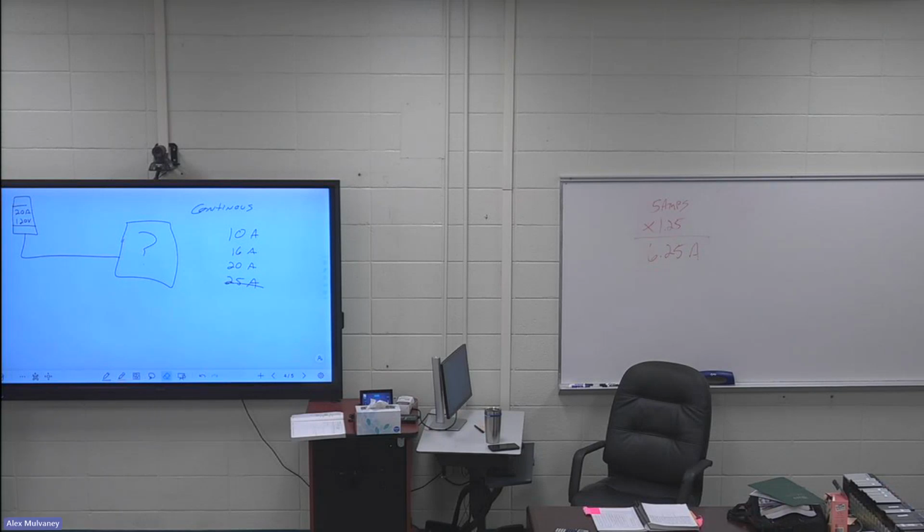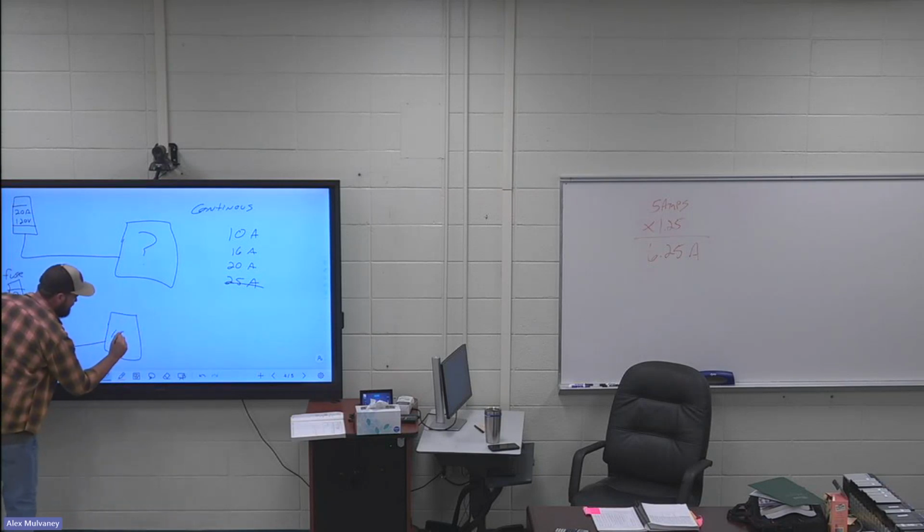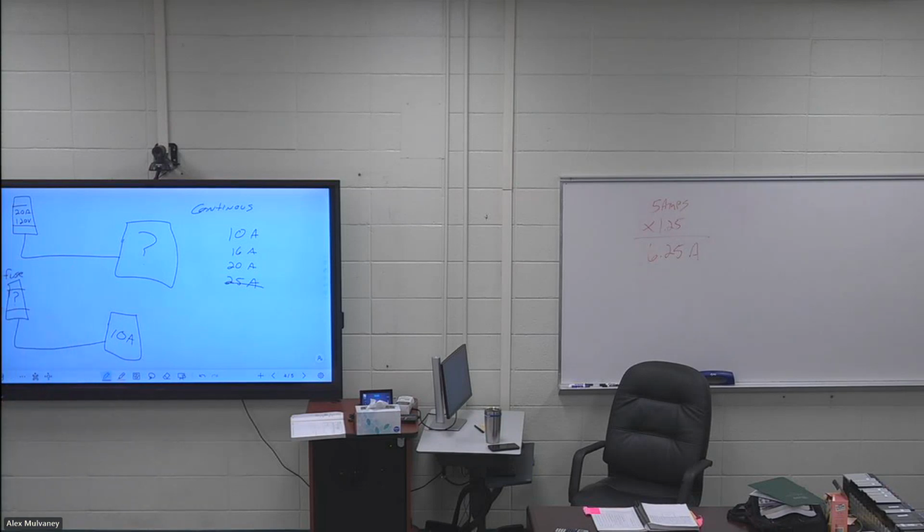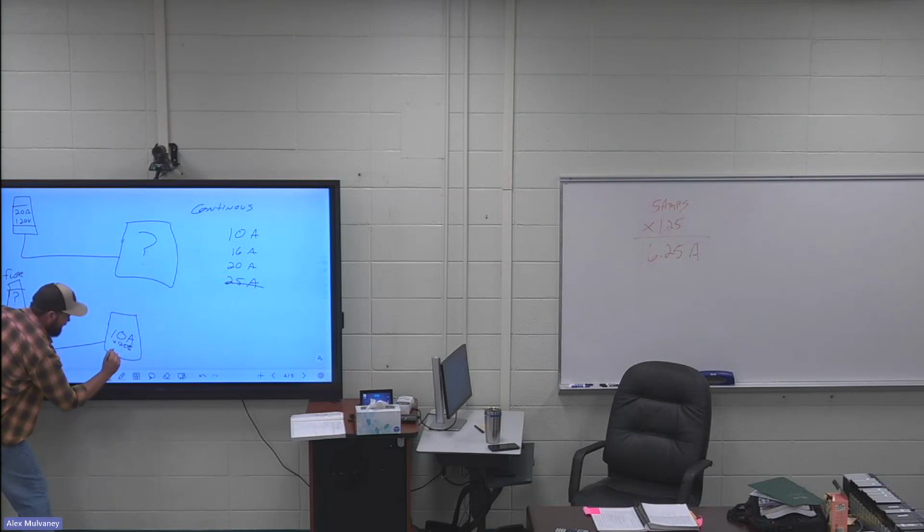Instead of multiplying by 1.25, if I had, say, this is my fuse right here, and it's unknown, and then I had a load that was a continuous load of 10 amps, and then we just did that, we multiplied this by 125%, and then you get 12.5. So then you would have to get a breaker or a fuse that would be big enough for that.